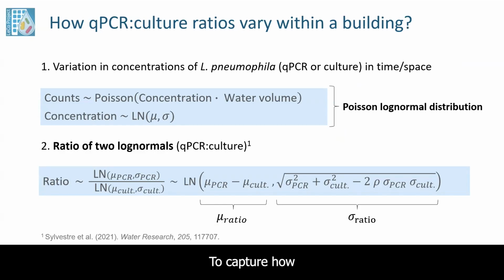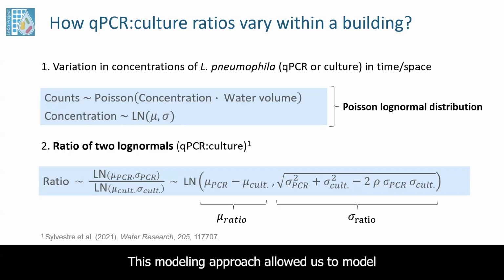To capture how Legionella pneumophila concentrations vary over time and space within a building, we used Poisson log-normal models for both cultivation and qPCR data. This model is very useful as it can handle Legionella counts that are below detection limits, as well as the high variability in Legionella concentration that is often observed in water systems.